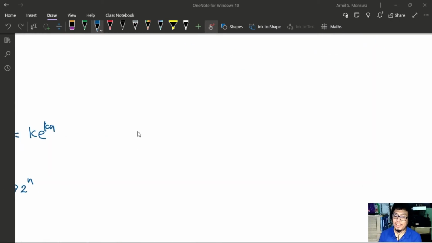Another argument that we can use to prove that the limit of that expression is 0 is this. We are evaluating the limit of n squared over 2 raised to n minus 1 as n approaches infinity.